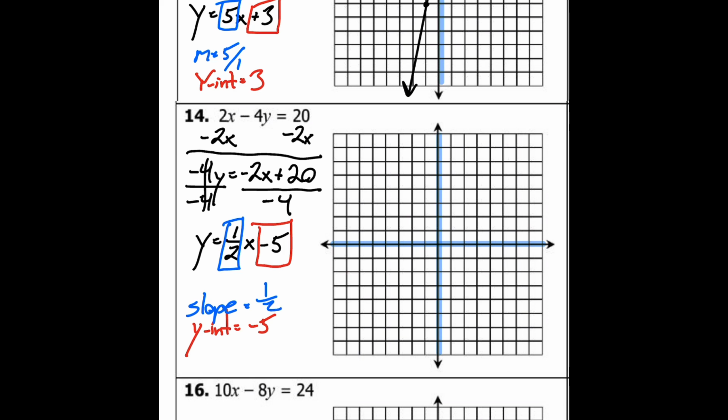Go to negative 5, 1, 2, 3, 4, 5, put my point. I'm going to go up 1 and over 2. So up 1 over 2, up 1 over 2, up 1 over 2, up 1 over 2, and I'm going to draw in my line. That's not the best line, but we're doing all right. Here we go. 14. Positive slope is going uphill from left to right.